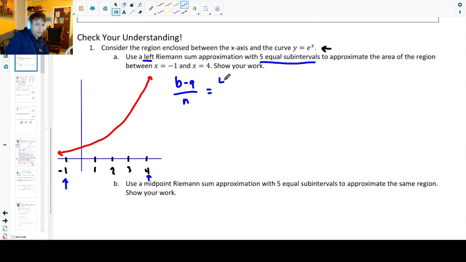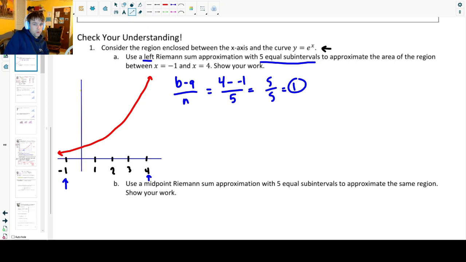So in this case, we would have 4 minus -1 divided by 5, which is 5 over 5, which means 1. Each of our subintervals is going to have a width of 1 unit. And we can see that here on the graph, right? 1, 2, 3, 4, 5 subintervals, and each of those would have a width of 1.